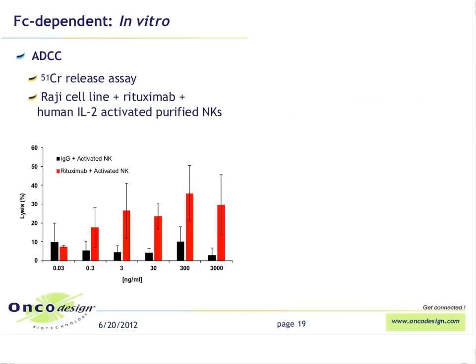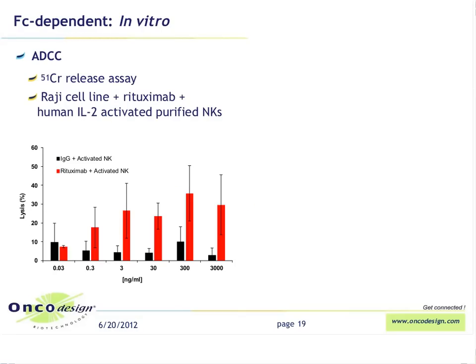The last function of the antibody, also mediated by the Fc fragment, is antibody-dependent cell cytotoxicity, meaning that immune cells like NK cells can recognize the Fc fragment of the antibody and then mediate the lysis of the target cells.